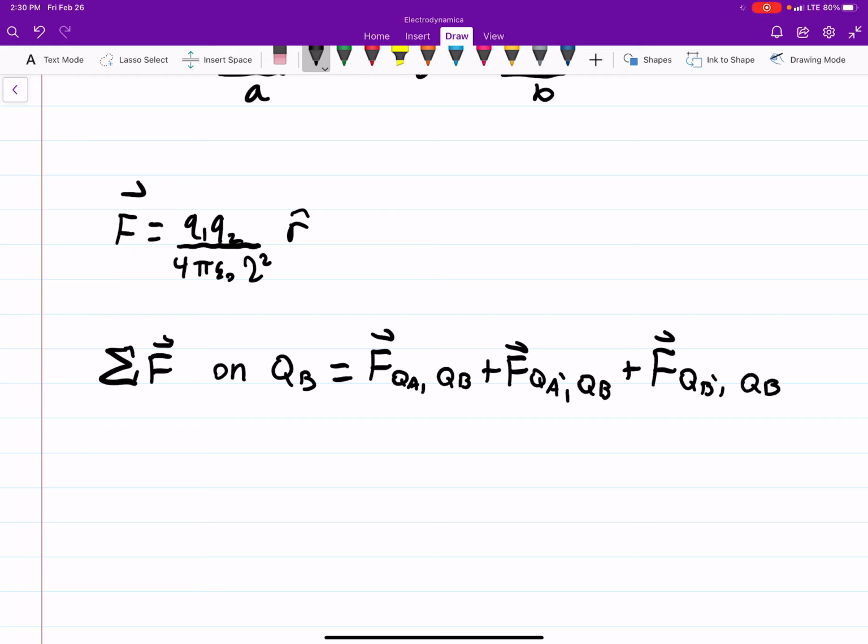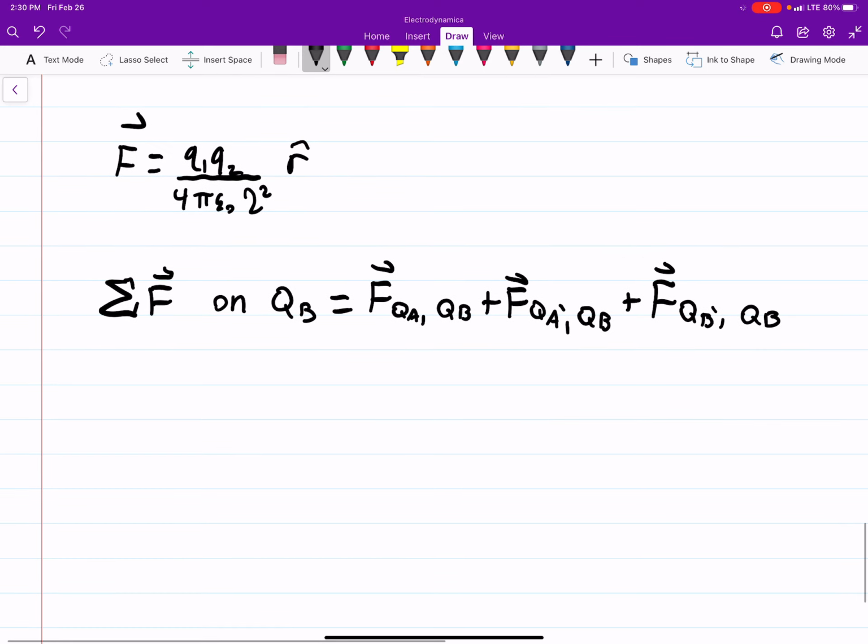Okay. So now we can set it up. Well, each term is going to have a QB because we're going to multiply by the charge that's feeling the force. And each term is going to have a 4 pi epsilon naught. Those are constants. So I'm just going to factor those guys out.